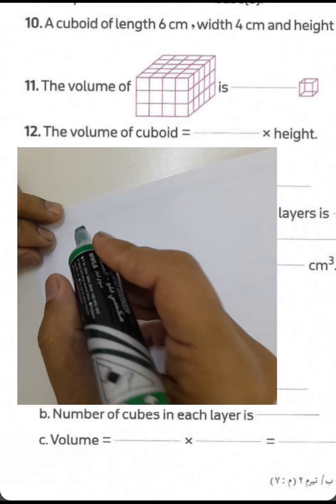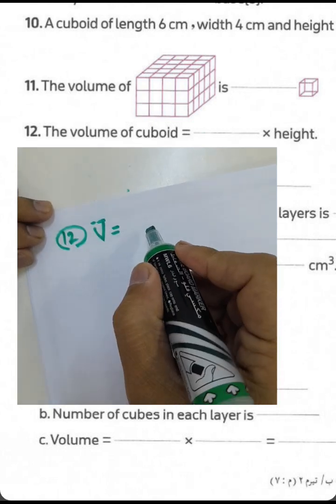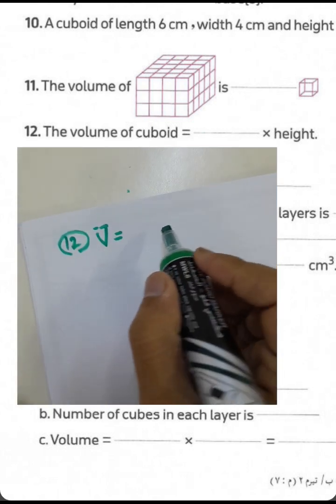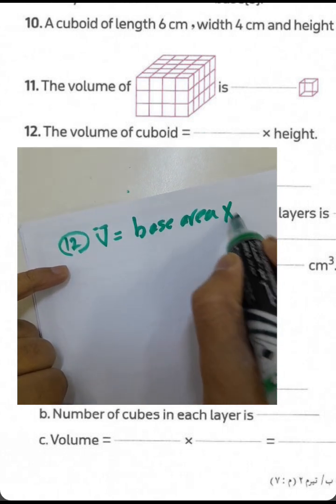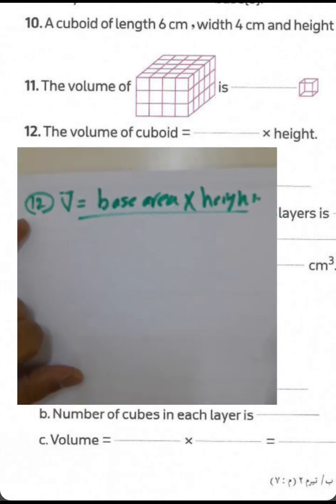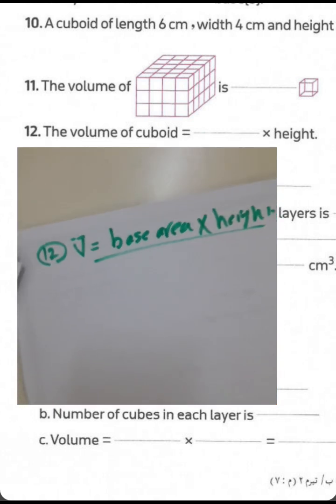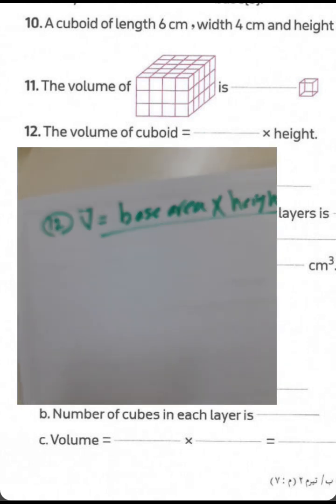Question number 12. The volume of cuboid equals base area times the height.